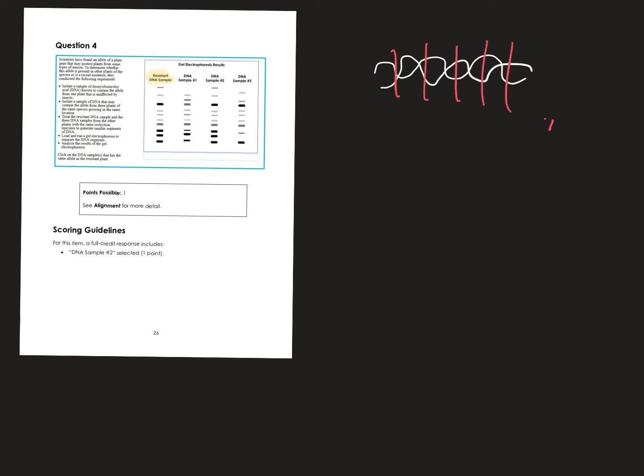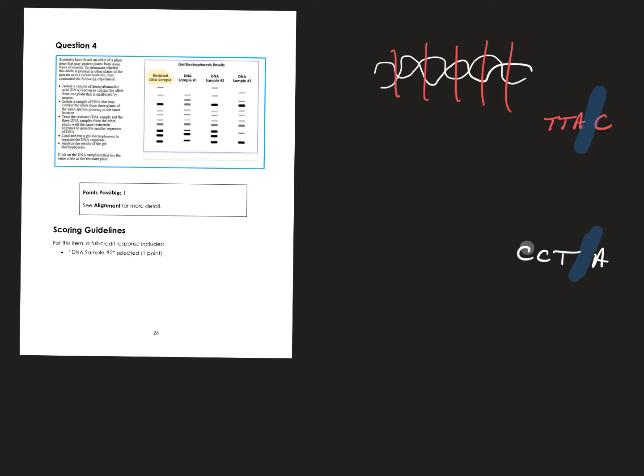So wherever you see T, T, A, C, this one restriction enzyme will cut it here, where another restriction enzyme might be looking for C, C, T, A, and it would make a cut here, every CCTA.